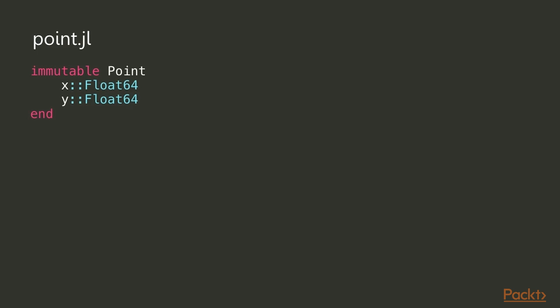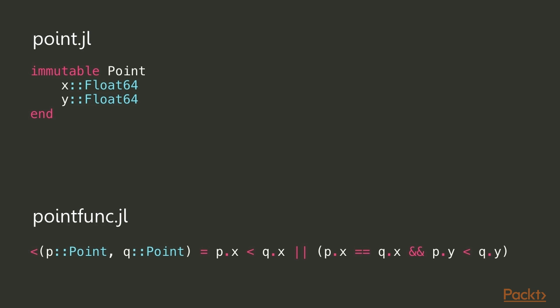Just to show you that this is what's going on when you're reading a Julia program, we're going to define some snippets of code in two files, point.jl, defining a point object, and a function operating on points. It's not important exactly what this does; I'm just using some examples from previously.